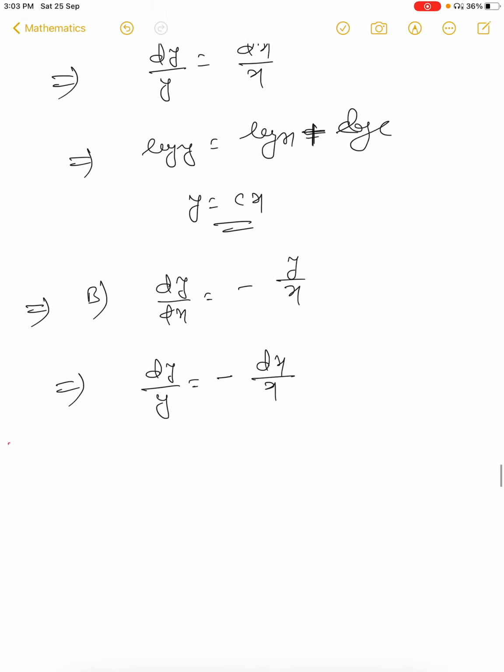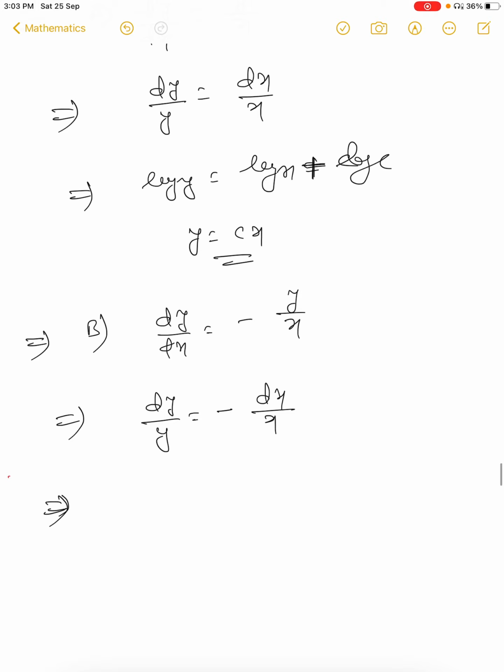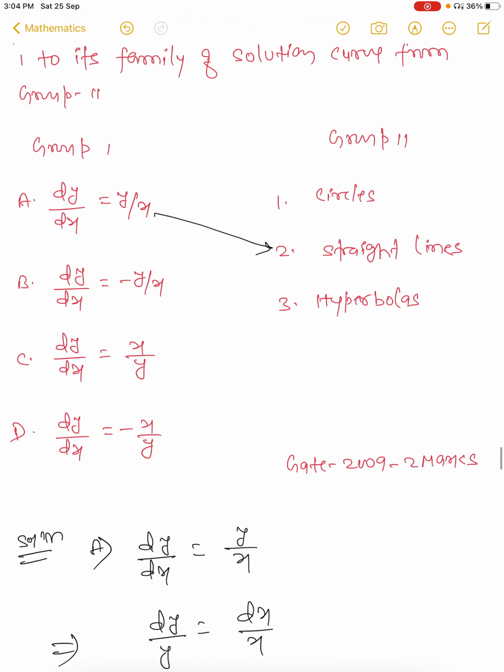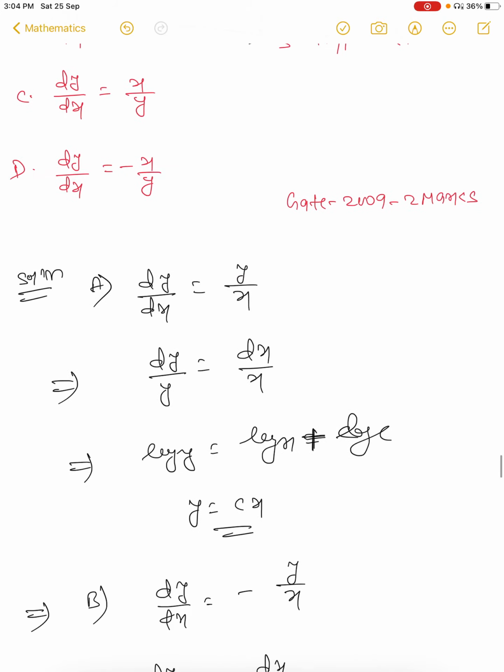So what will happen? Log y equals minus log x plus log c, so yx is equal to c. It will be a hyperbola.